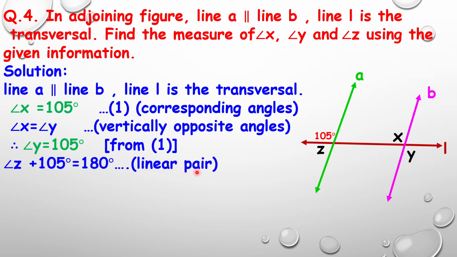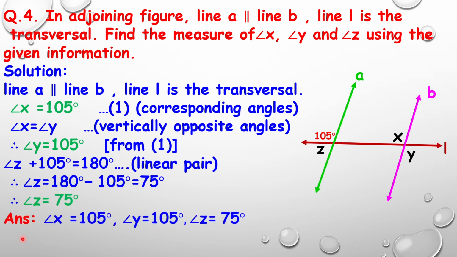Reason: linear pair. Then transfer this 105 to the opposite side. Therefore, angle Z is equal to 180 minus 105. Therefore, angle Z is equal to 75. So the answers are: angle X is equal to 105, Y is equal to 105 degrees and Z is equal to 75 degrees.